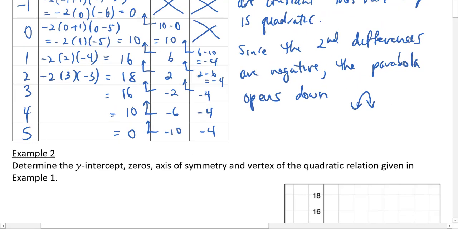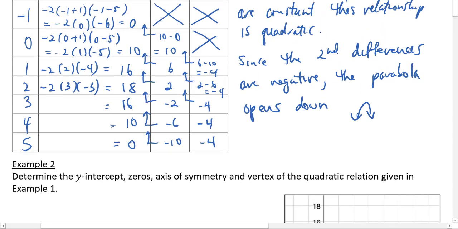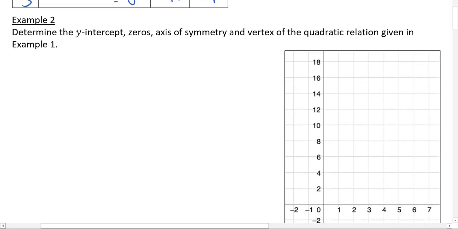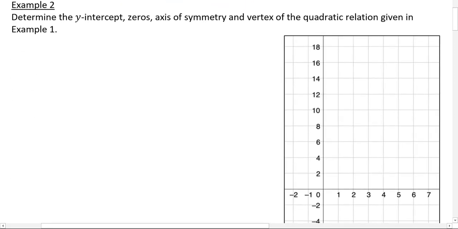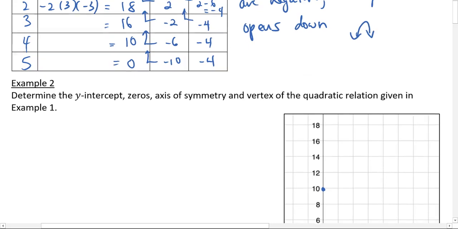So we have all the points up here. We're now going to graph them on the grid given here. So we're going to start with negative 1, which we knew is 0. And then 0 we saw was equal to 10. 1 we saw was equal to, let's go back, 16.